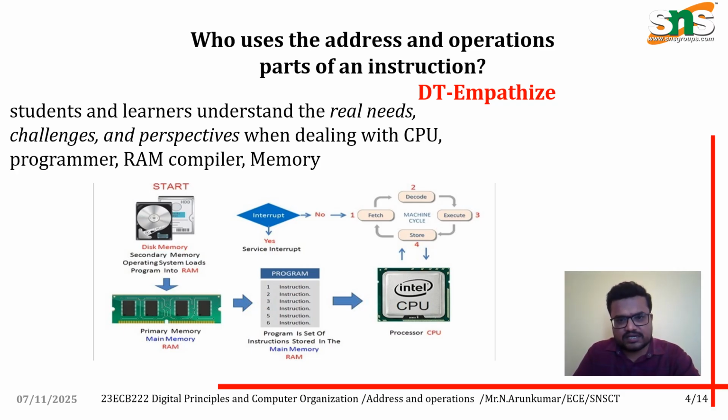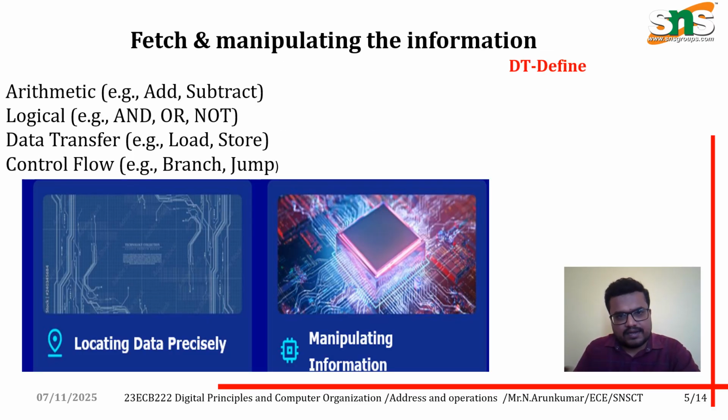Already we have seen fetch, decode, execute, and store. If the condition is not satisfied, then automatically it will be processed towards the interrupt option, so that it will be rectified, and then it will be processed to fetch, decode, execute, and store the corresponding data to the CPU. And fetch and manipulating of the information.